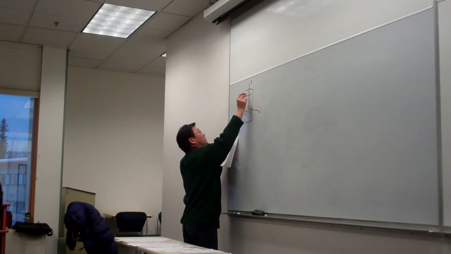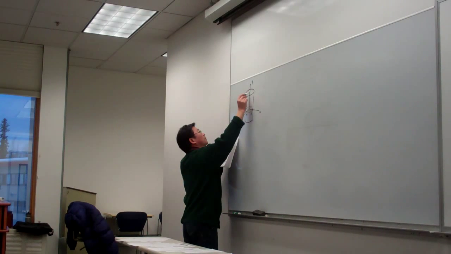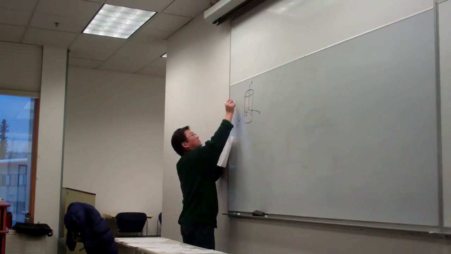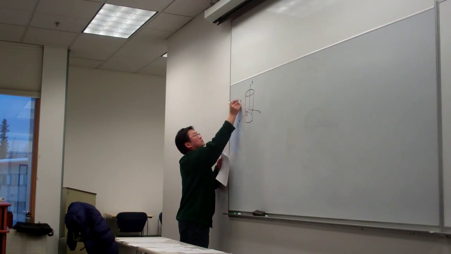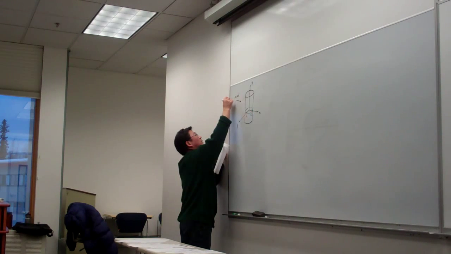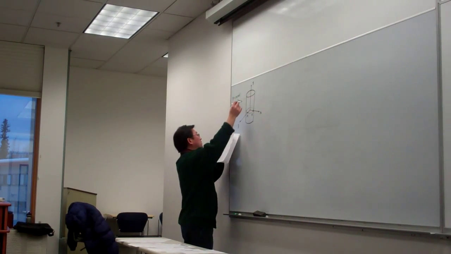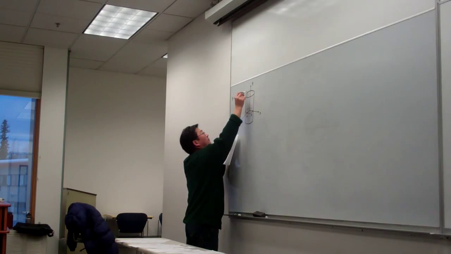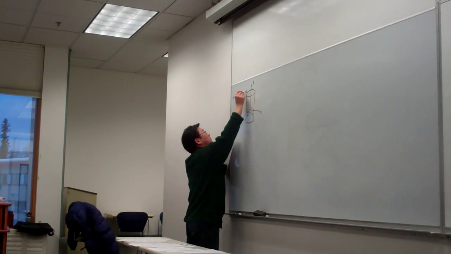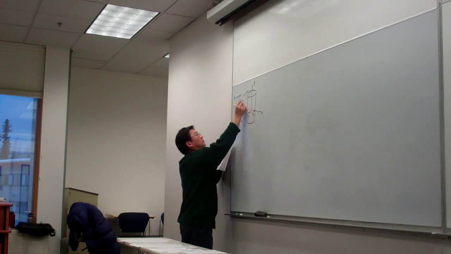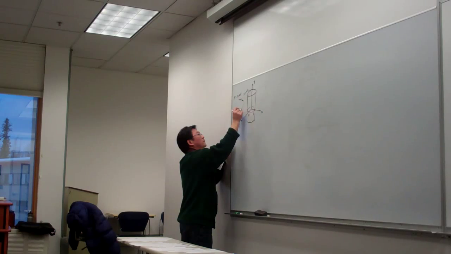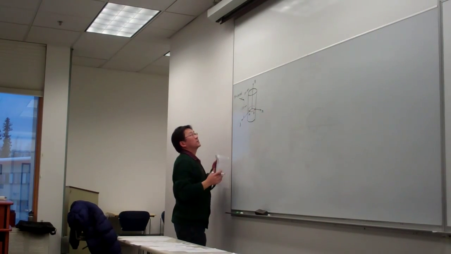Let me draw this schematically. The loading is applied parallel to the x direction. This is 10 kilonewtons, let me call that P. And the distance given here is a few hundred millimeters, and from here to here is 150 millimeters.